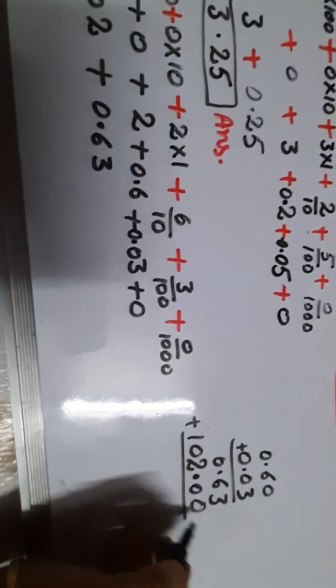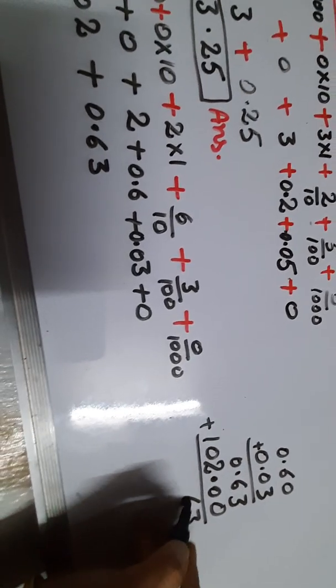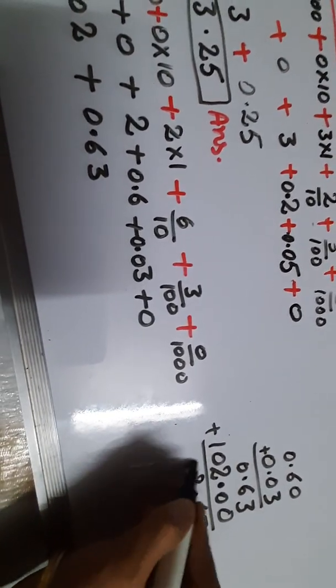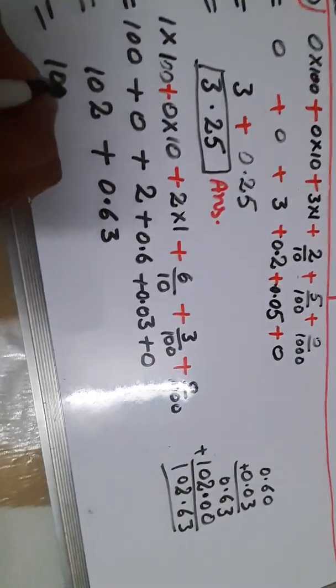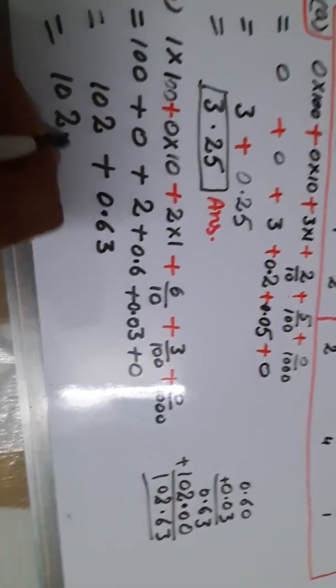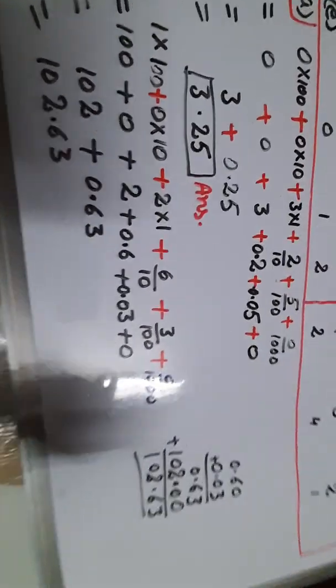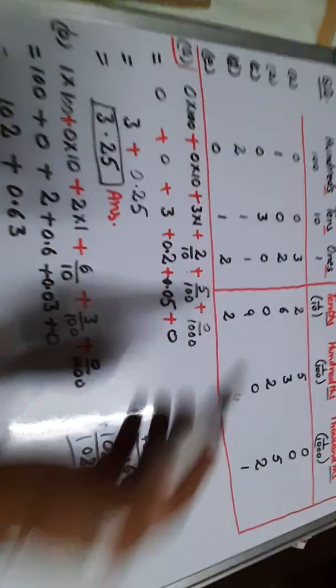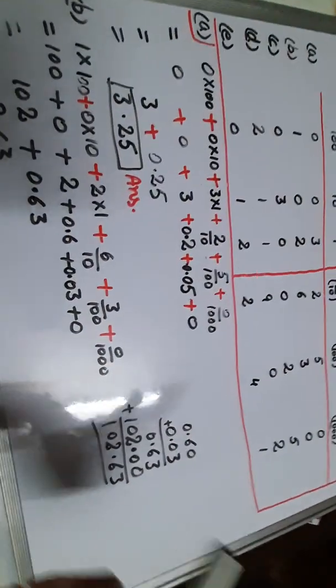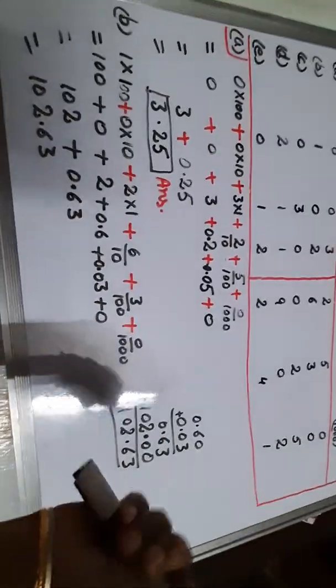So the answer will be 102.63. So dear students, I hope now you will be able to do the remaining parts yourself. I hope you will be able to do it.